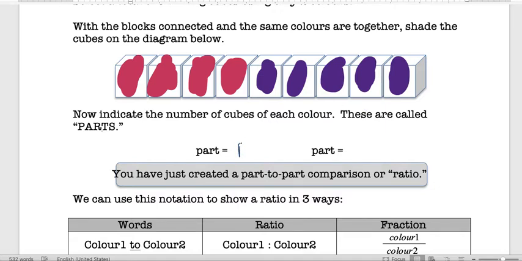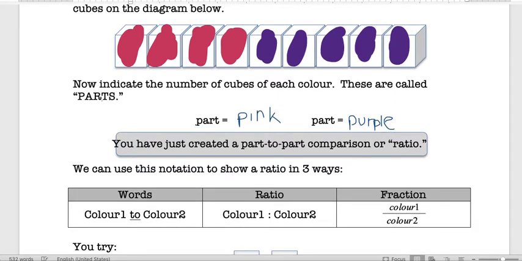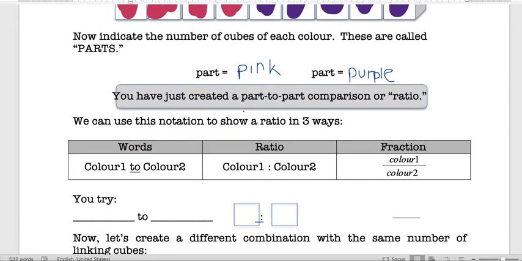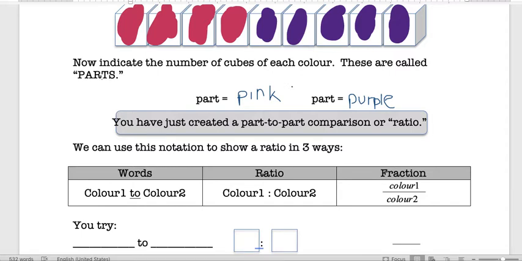So I have part pink, and I have part purple. So now I have created a part-to-part comparison. So I have 4 parts pink and I have 5 parts purple.